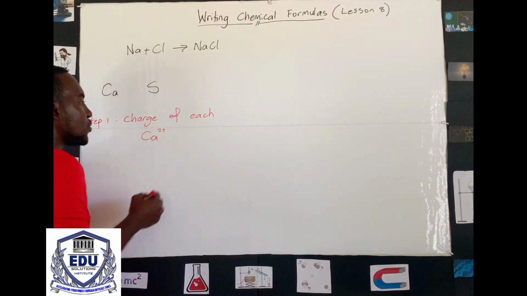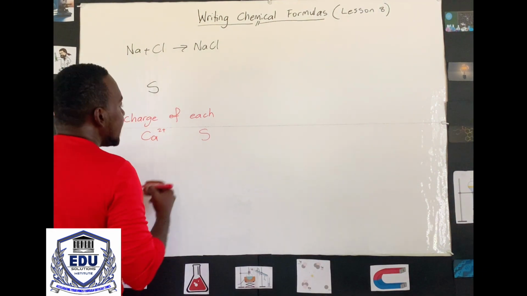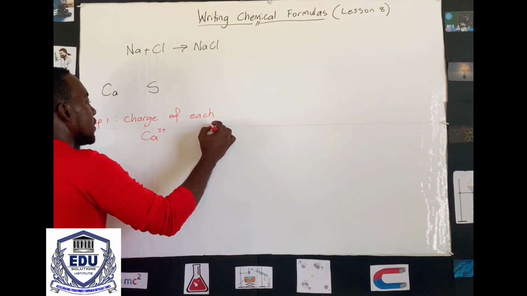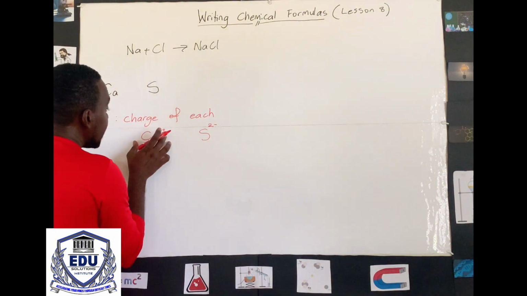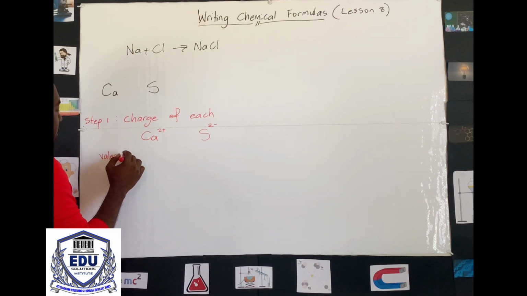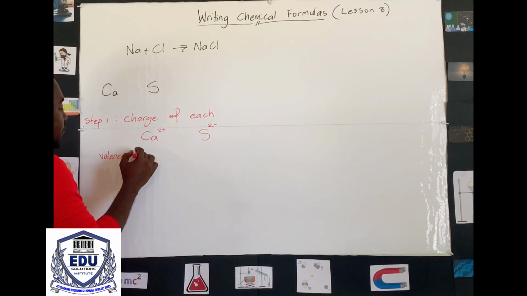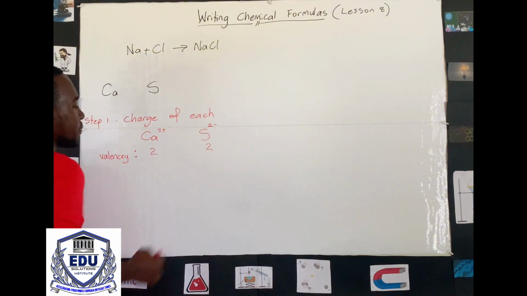It's going to give away 2. Sulfur is in group 16, meaning it has 6 electrons on its outer shell, so it's going to need 2. We're going to call this the valency. So calcium is going to give 2, sulfur will need 2.